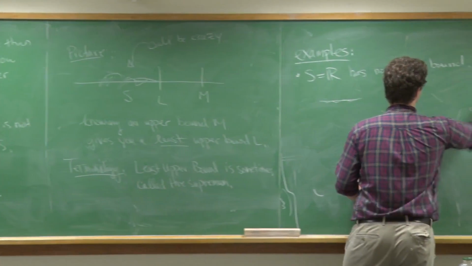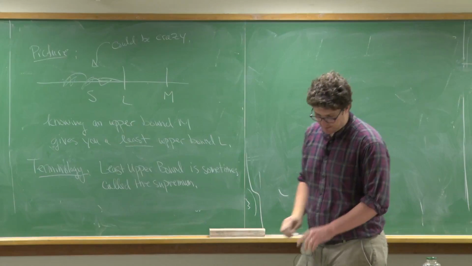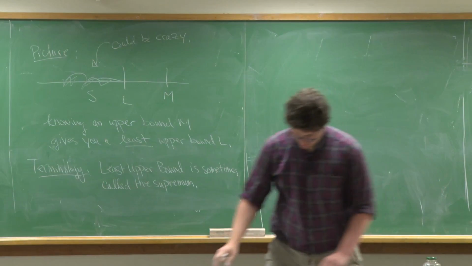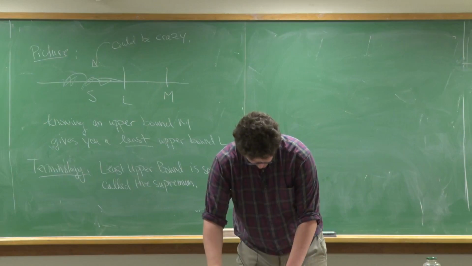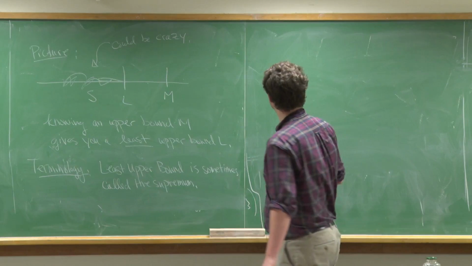All right, so great. So now using this least upper bound property, I want to do something with this. So there's this thing called the Archimedean property. So there's a lemma.